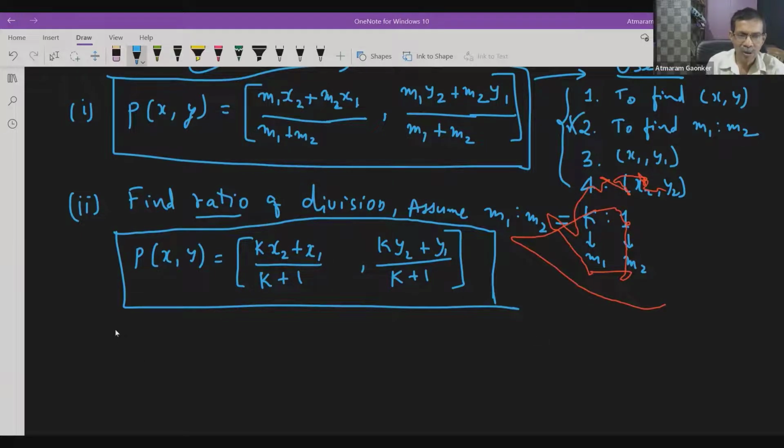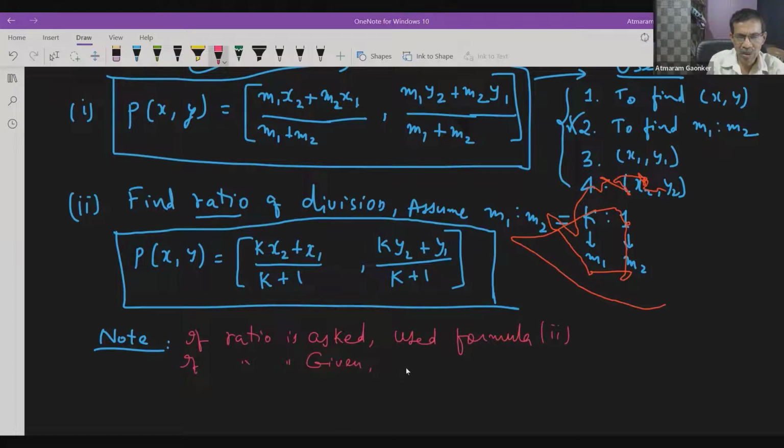So I will write a note here. If ratio is asked, use formula 2. And if ratio is given, but not asked, use formula 1.